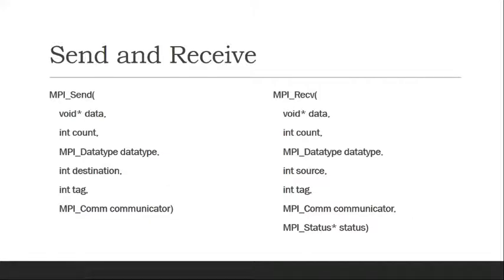So now we have the send and receive algorithm. If you notice, we have two functions, MPI send and MPI receive. MPI send involves the parameters void data, int count, MPI data type, int destination, and int tag. And last, we have an MPI communicator. Similarly, we have the same things in MPI receive.